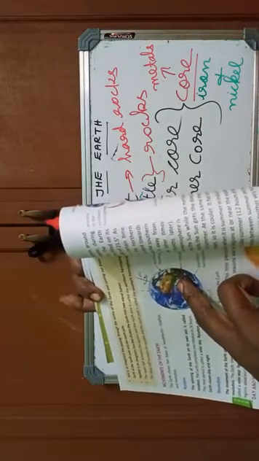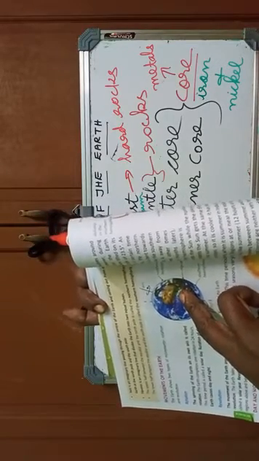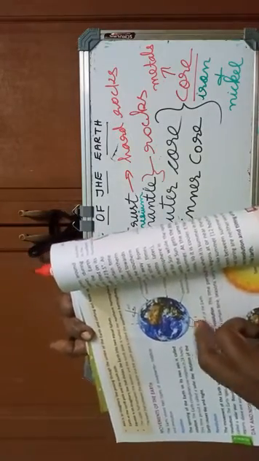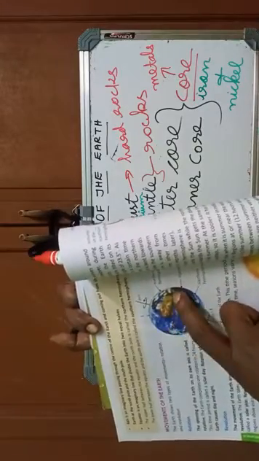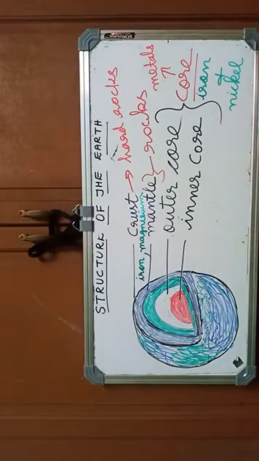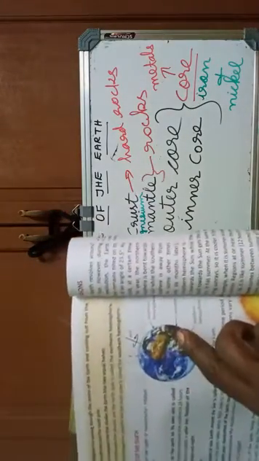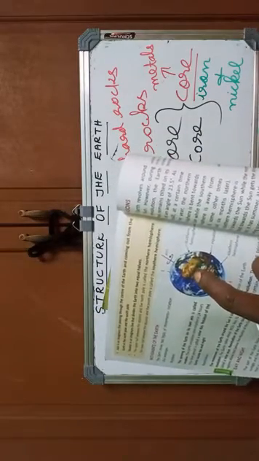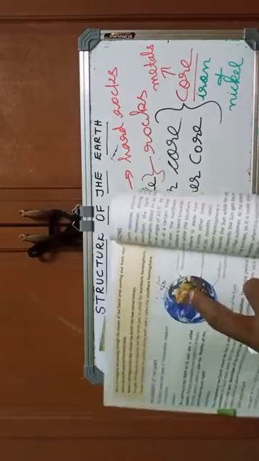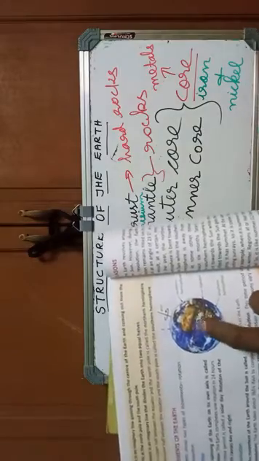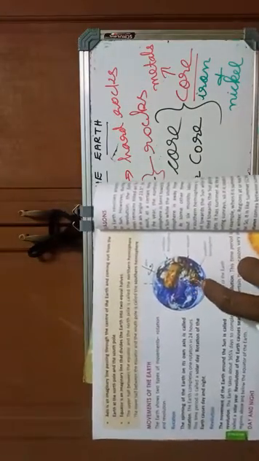The upper half between the equator and the north pole is called the northern hemisphere, and the portion between the south pole and the equator is called the southern hemisphere.